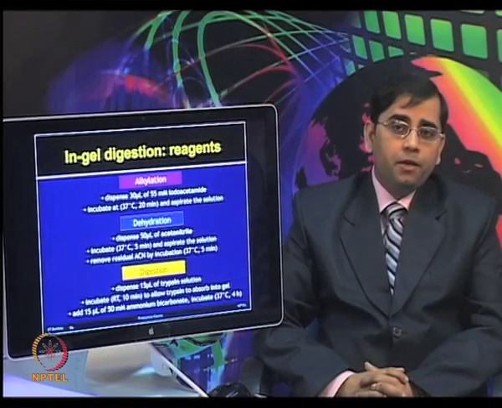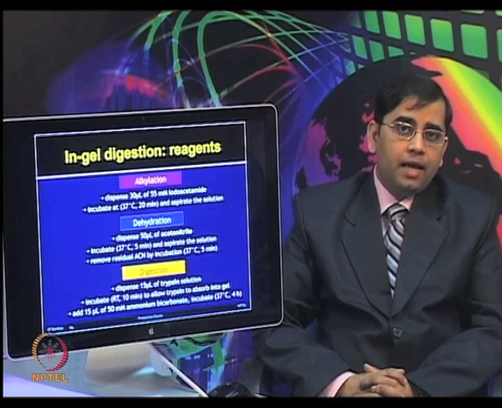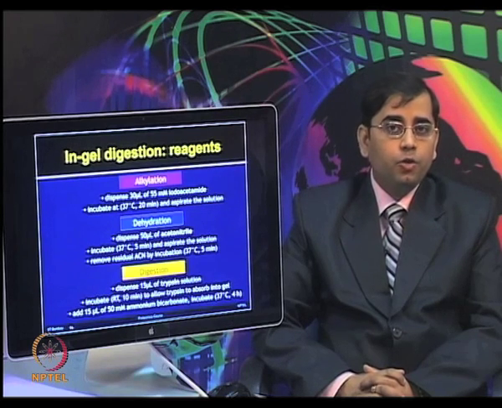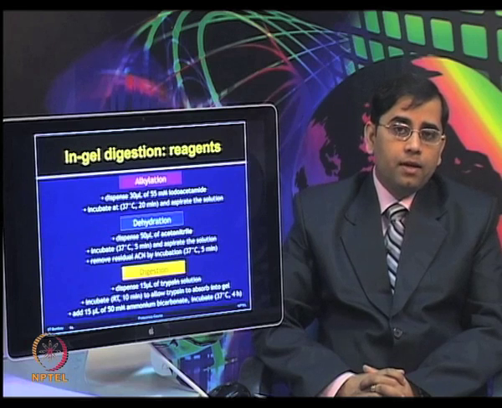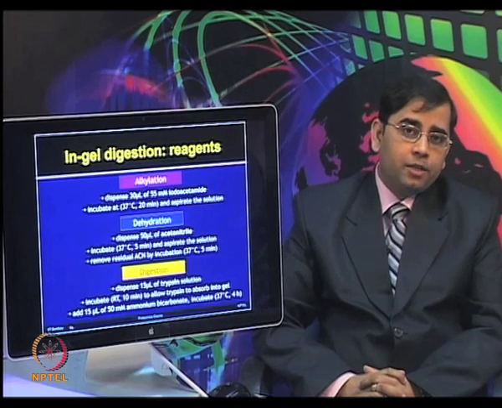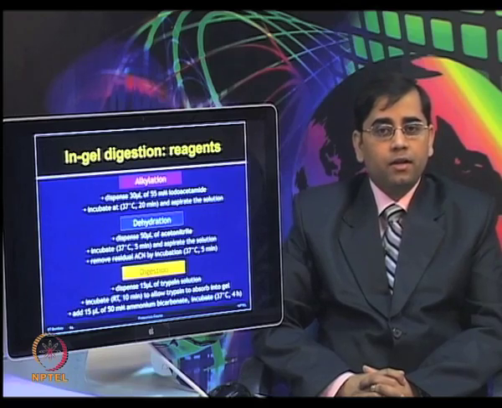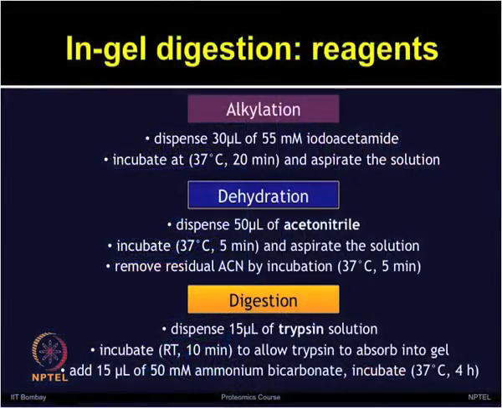Continuing on the same theme of in-gel digestion and the various steps required to perform such an experiment, let us now look at the next step, which is alkylation. In the alkylation, you need to add the iodoacetamide.